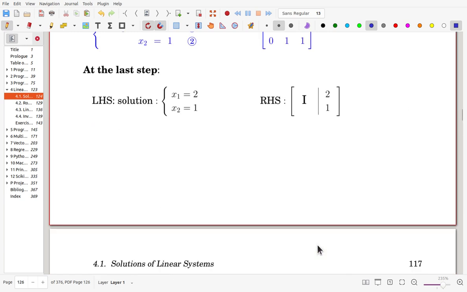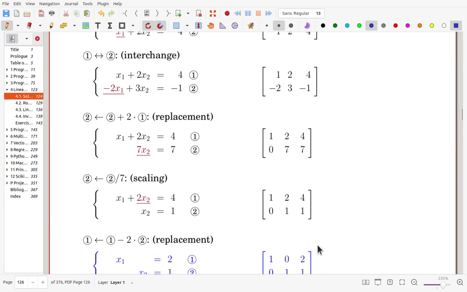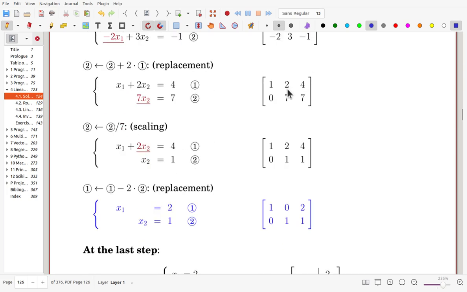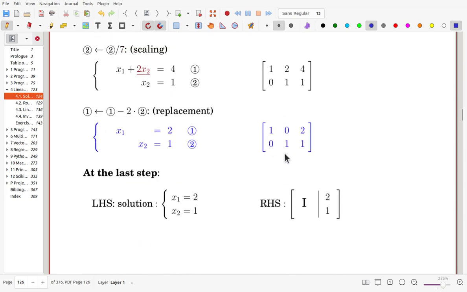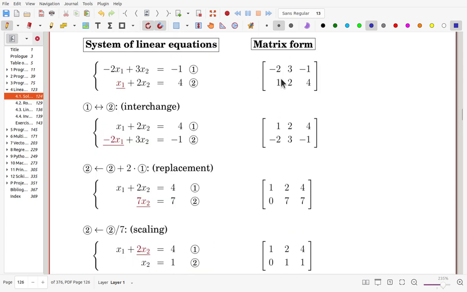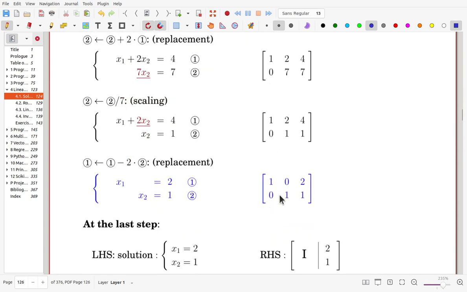For example, in this computation, this matrix is row equivalent to the identity matrix, because by using the sequence of these elementary row operations, we reach here the identity matrix.